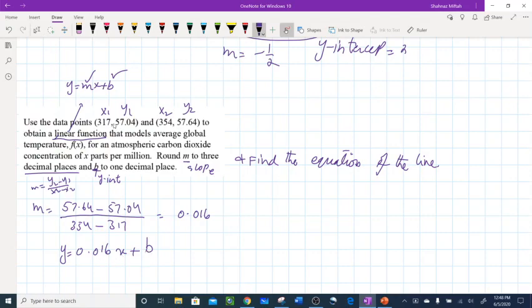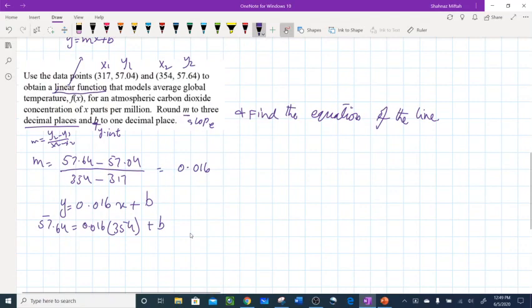It's your choice; you can pick this ordered pair or that one, it's not going to change anything. If I pick 354 and 57.64, then my y value is 57.64, m is 0.016, and my x value is 354, plus b.